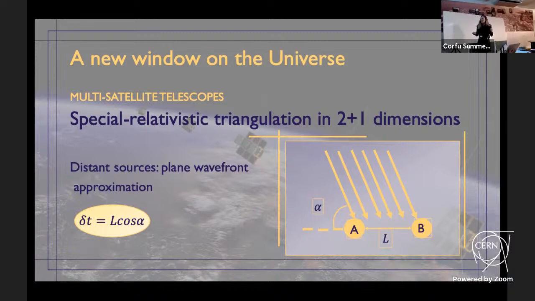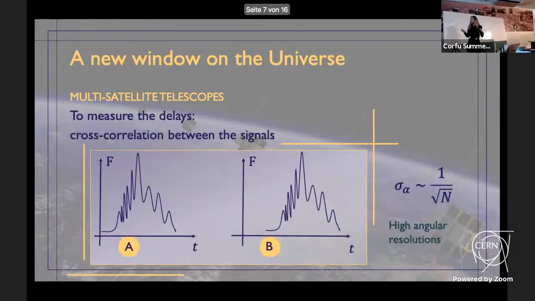then we can estimate alpha because the time that is required for the signal to propagate from the satellite A to the satellite B is simply given, if we put c equal to 1, by the distance between the two detectors projected along the orthogonal direction with respect to the propagation direction of our photons.